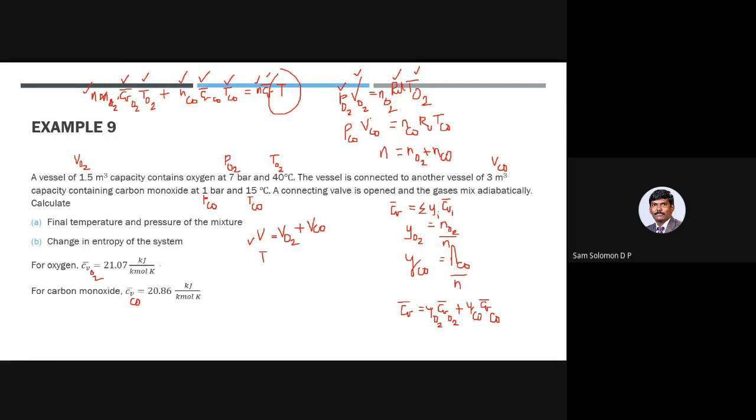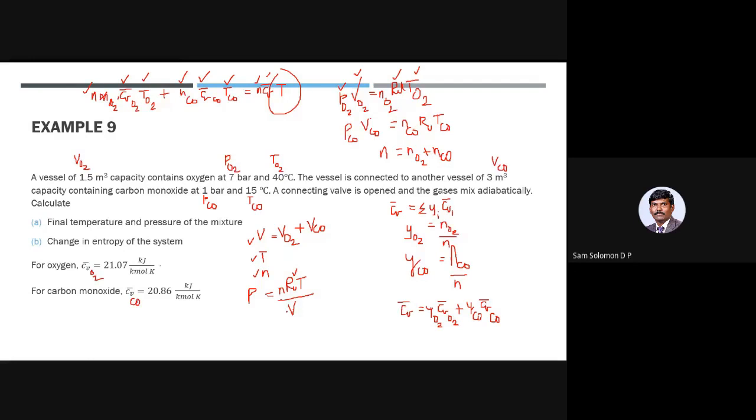So final volume is known, final temperature is known, and the total number of moles N is known. So you can simply use the relation P equal to N RU into T divided by V. And all these values are known to us. RU is also known. So N is known, RU is known, T is known, V is known. Now you can find out the final pressure of the mixture.